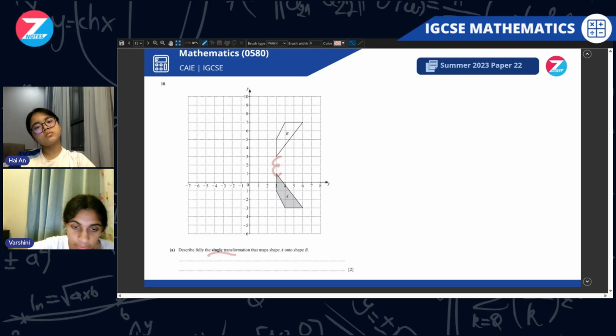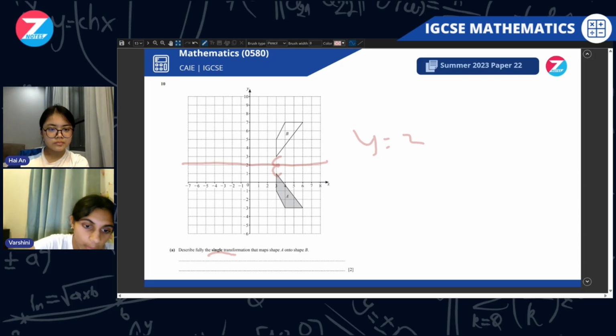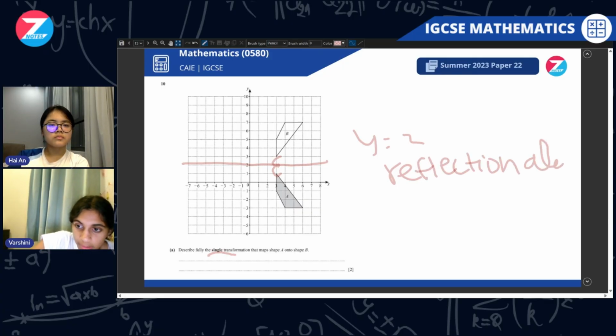And the line in between them is at half of that, which is 1 unit from each. So it's along this line, where y equals 2. So to describe fully the single transformation, all we have to say is reflection along the line y equals 2.